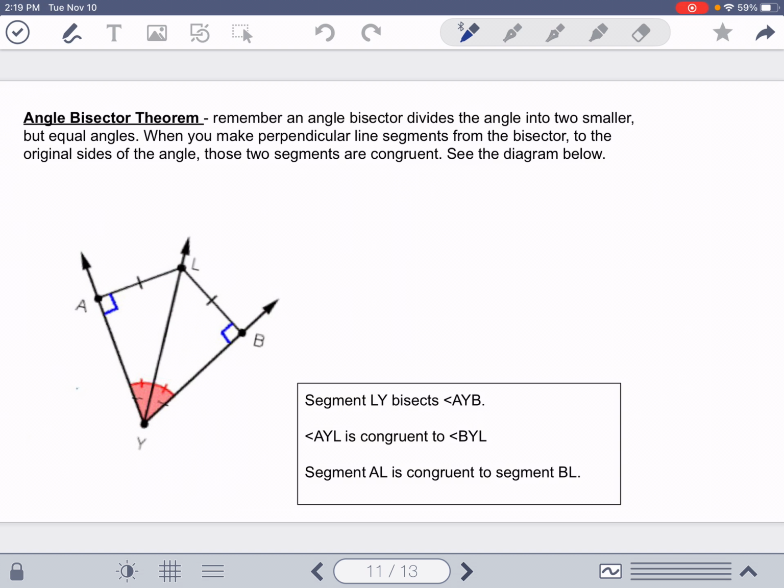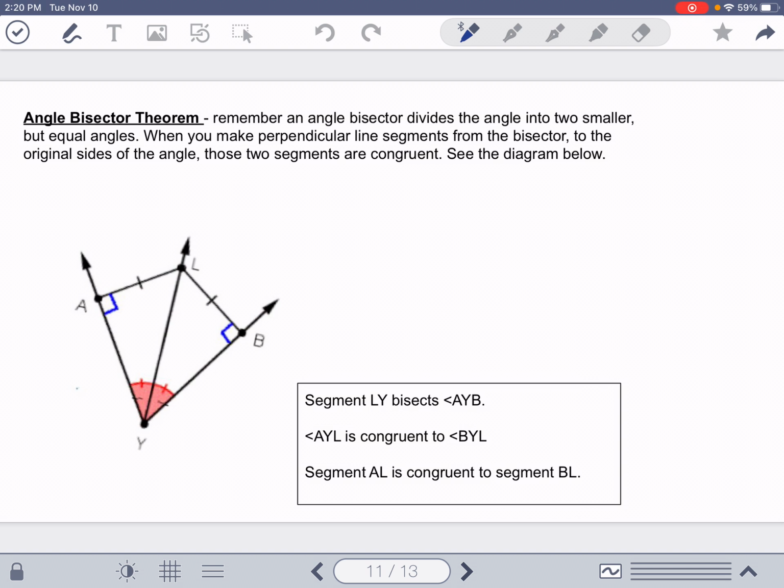The angle bisector theorem just says that it bisects an angle into two smaller but equal angles. When you make perpendicular line segments from that bisector to the original sides of the angle, which is what I'm trying to show you here in this picture, you can say those two segments are congruent. This kind of looks like a baseball diamond. It's not exactly it, but that's kind of what it reminds me of.